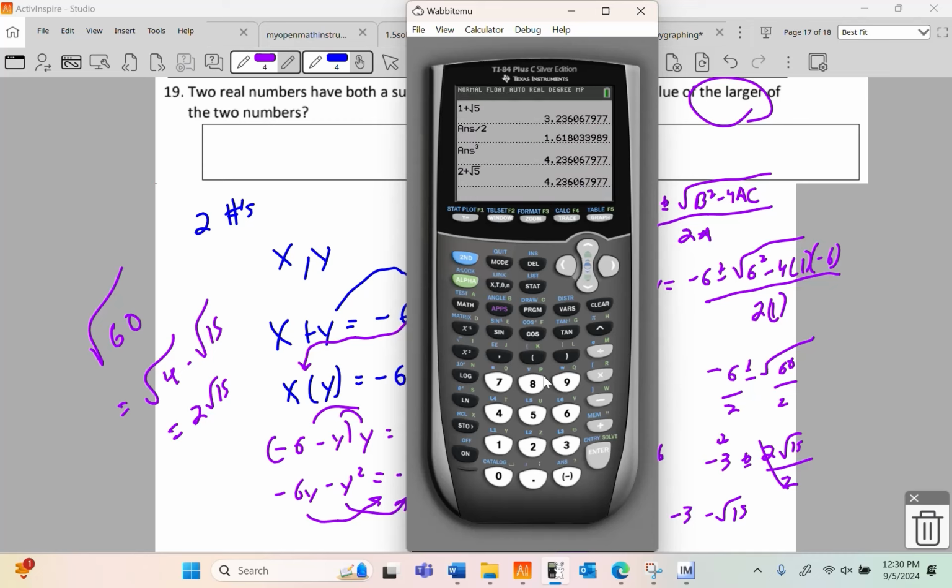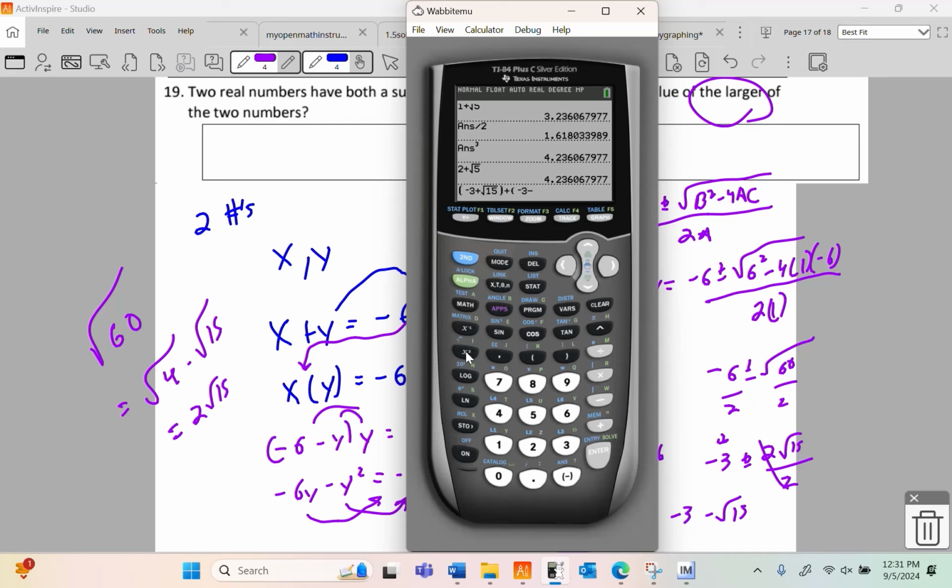So let's see if this actually holds out. I'll use parentheses here. I have negative 3 plus a root of 15. And it said their sum was negative 6. Should work out.